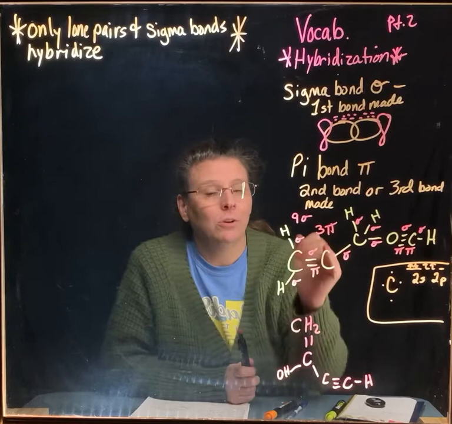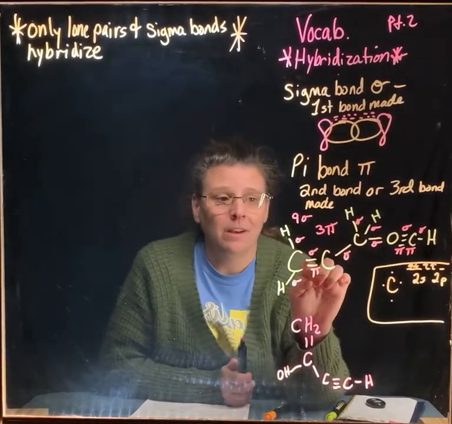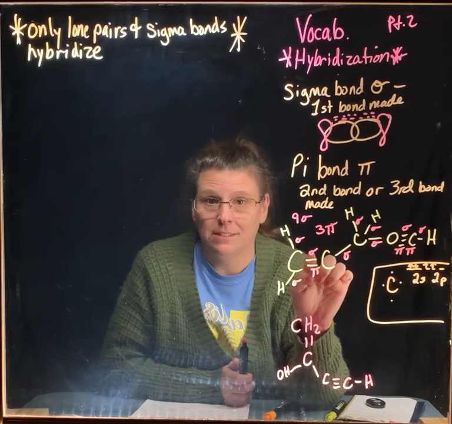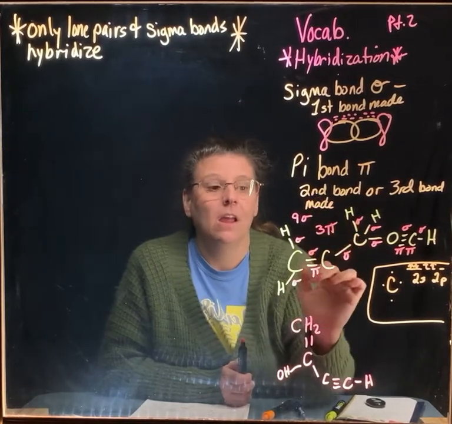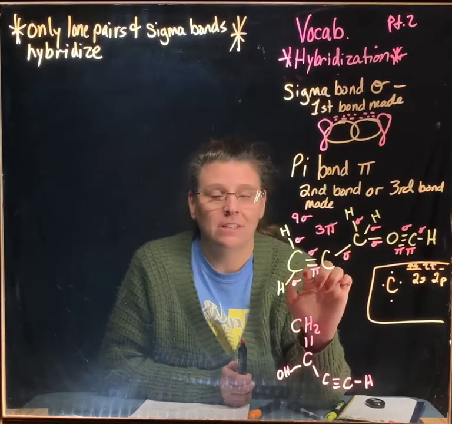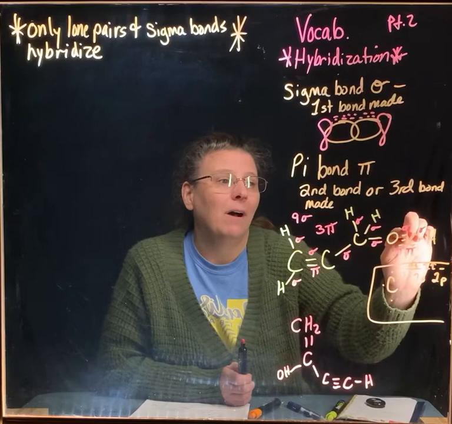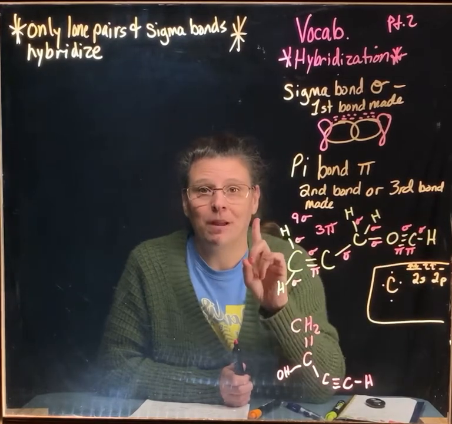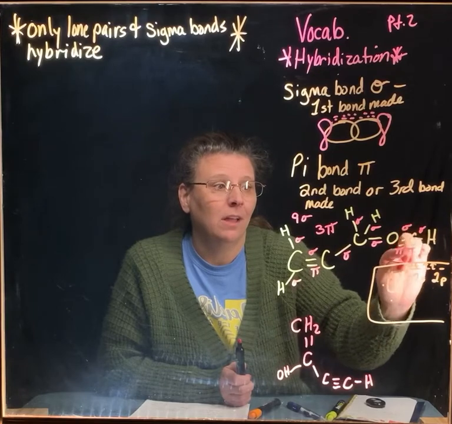Well, I told you the first bond made is a sigma bond. So in this double bond, the first bond made is a sigma bond. The bonds made after that are the pi bonds. So in this double bond, we have one sigma and one pi. Over here, we have a sigma bond, because that's the first bond made, and then there's a pi bond in the middle and a pi bond here.